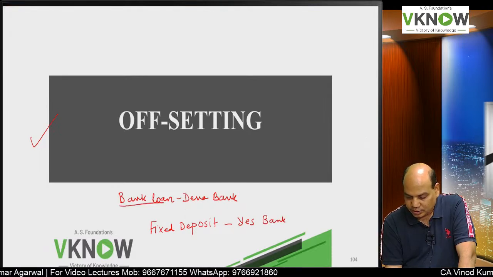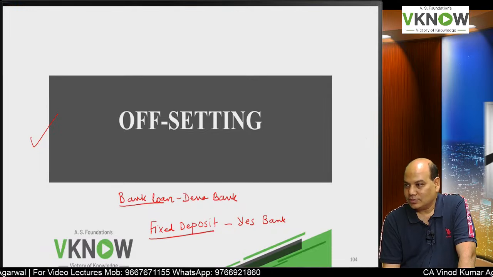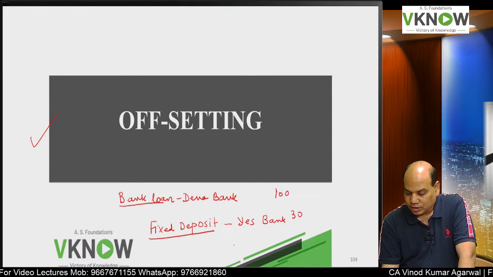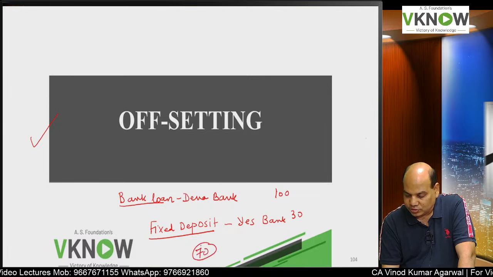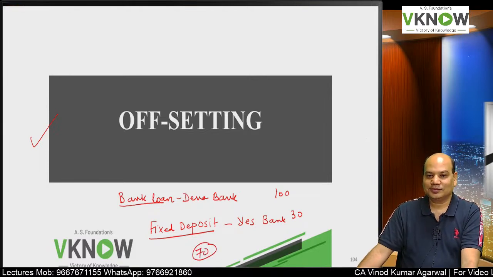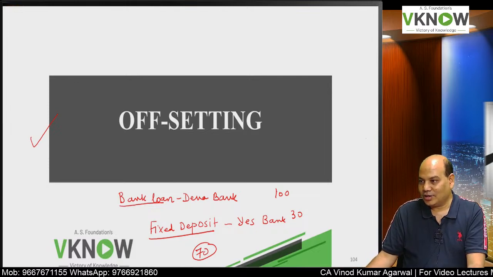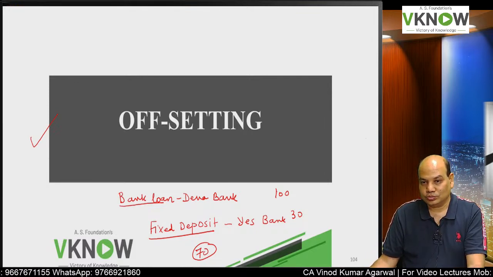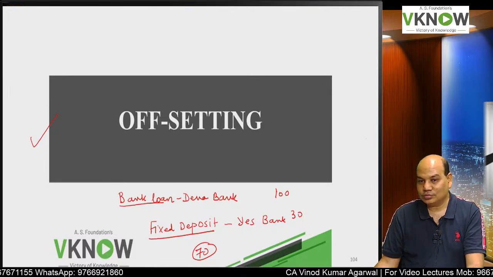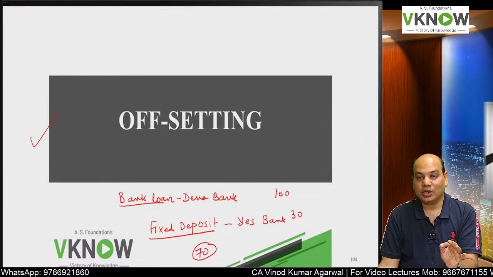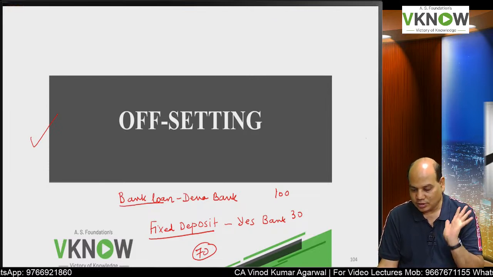So this is a liability, this is an asset, this is 100 crore, this is 30 crore. Can I show net loan 70 crore in the balance sheet? There is a standard here, Ind AS 32, which will guide you when a financial asset and financial liability should be netted off.